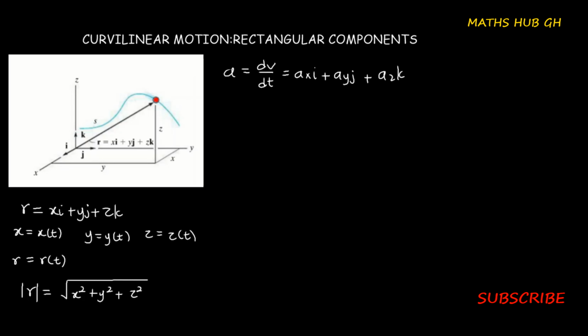Okay, let's continue that way. We are going to have the acceleration to be equal to, you will see, x double dot i plus y double dot j plus z double dot k.